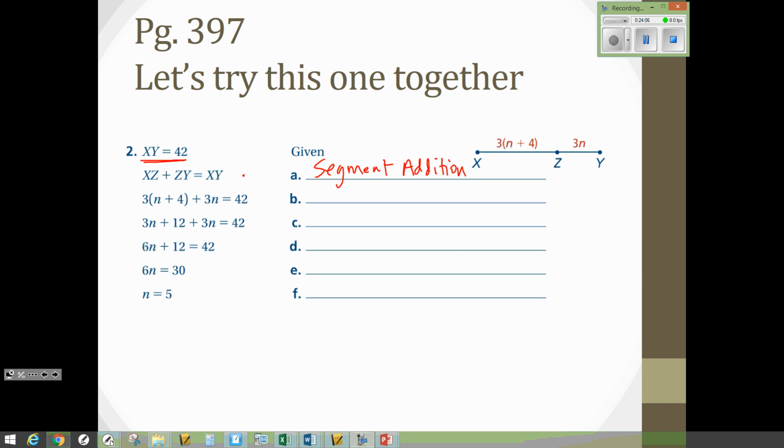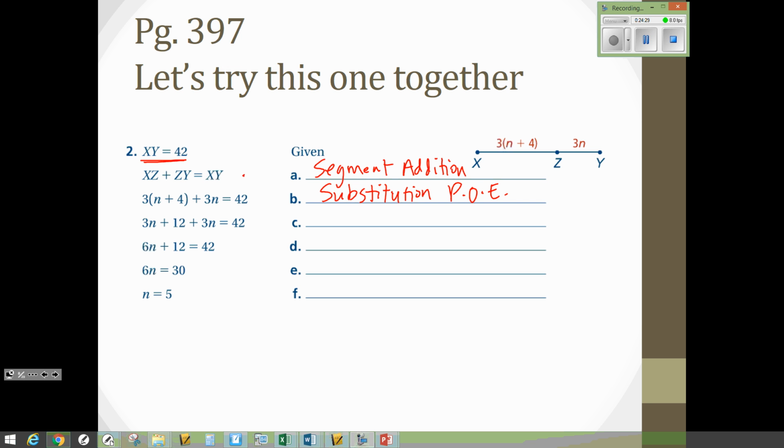What do we call it when we plug something in for something else? Nope, not distributive. Substitution. All we've done here is we've used the substitution property of equality, right? And this is what I meant a little bit with substitution, right? We took something out and we put something in its place, okay? So we've substituted in that place.